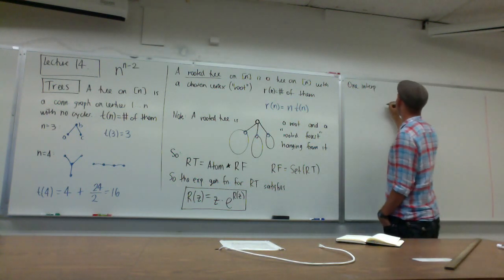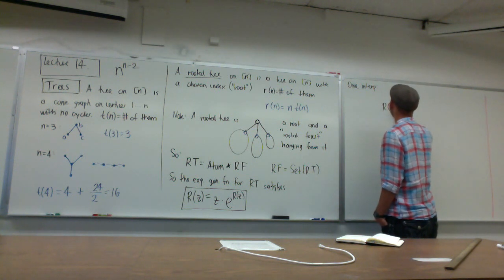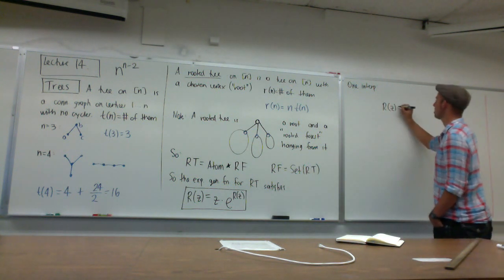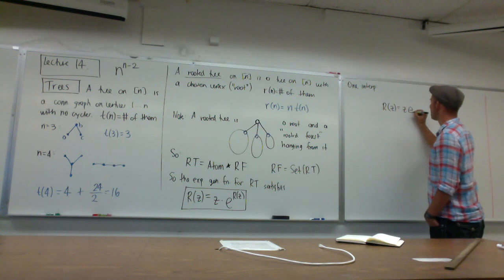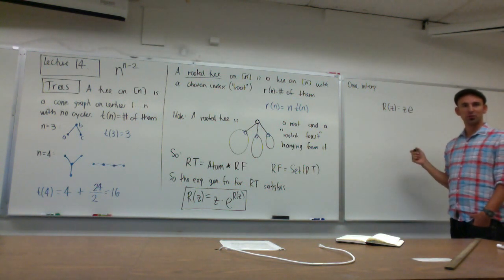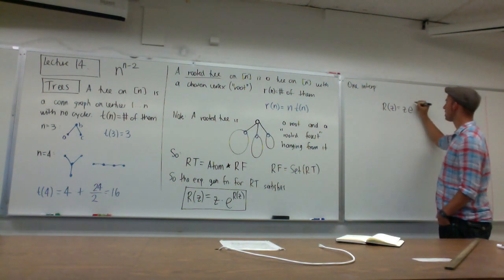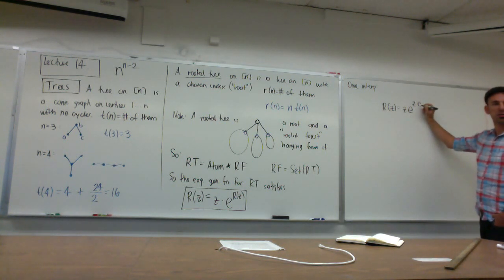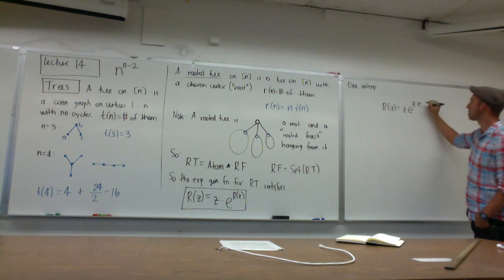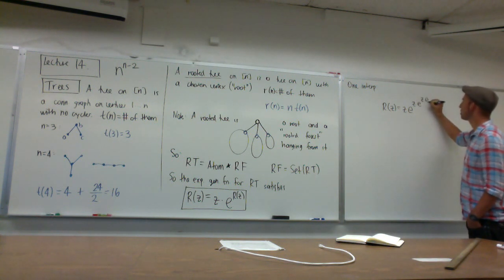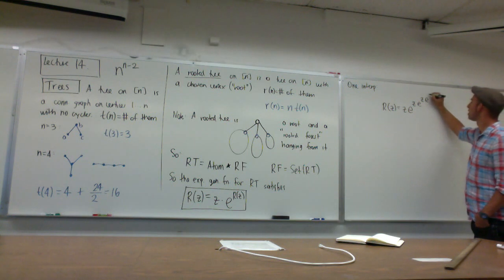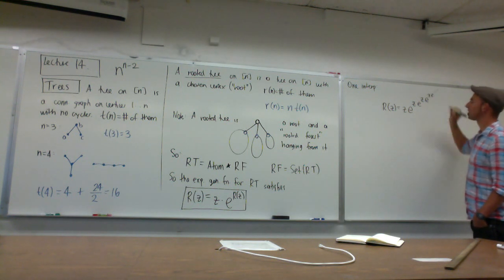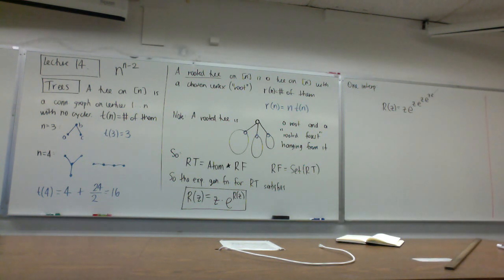So one way is the following. R of z is equal to z times e to the R of z. So let me plug in that R of z is z times e to the R of z, et cetera. Probably you've never seen something like this, and analysts will get extremely uncomfortable looking at this.